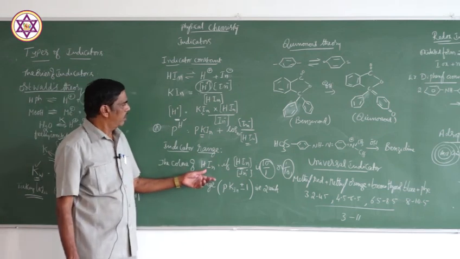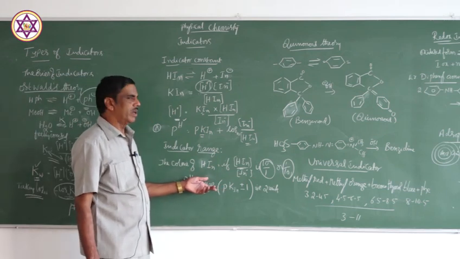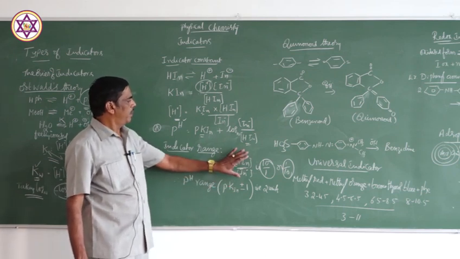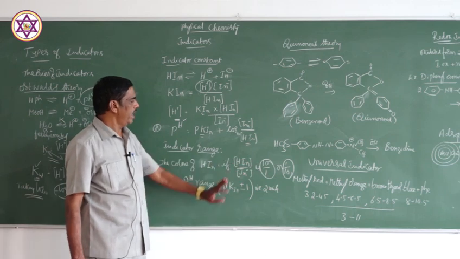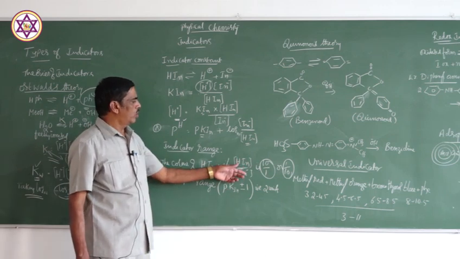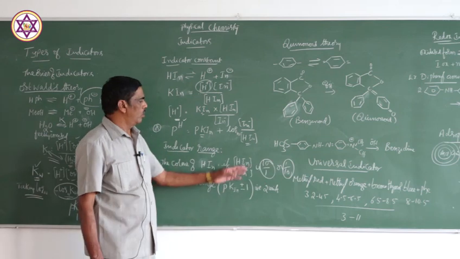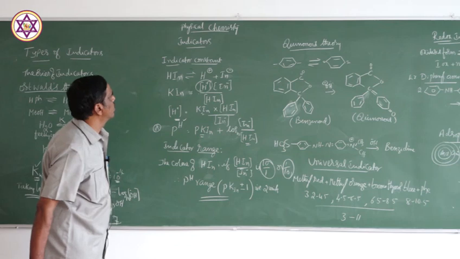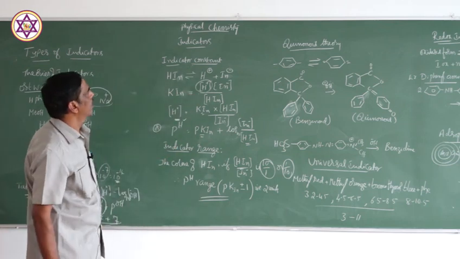Therefore, by knowing the pH, we can find out the color of the indicator. The color of the indicator depends on this ratio, unionized indicator divided by ionized form. This ratio may be 10 by 1 or 1 by 10, that gives you different colors. So, this is the pH range, and this is the relationship between the indicator constant and the pH range.